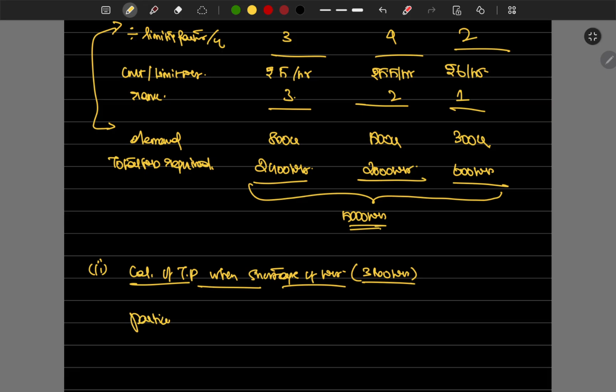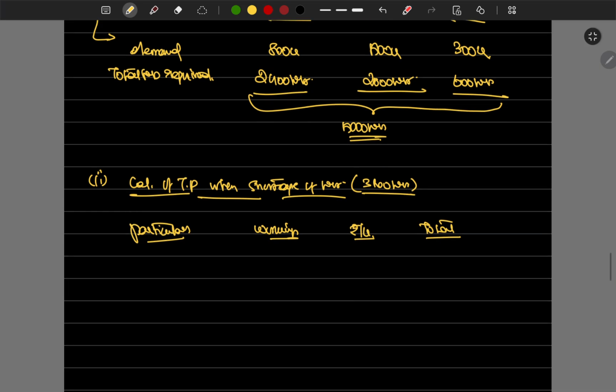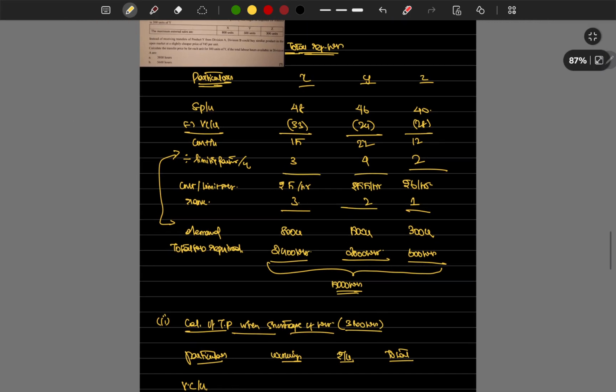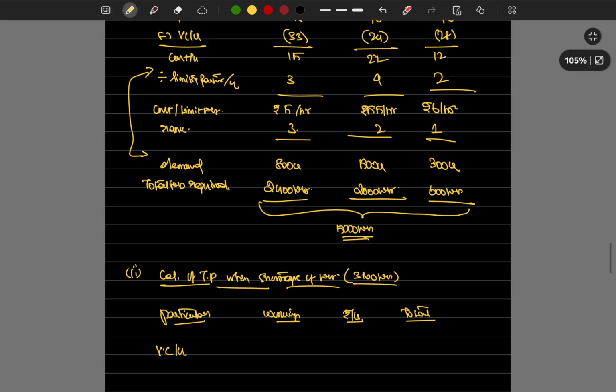Particulars, workings column here, it will be helpful for us. Rupee per unit, total. Okay, now what's the variable cost per unit? Variable cost for Y is 24.